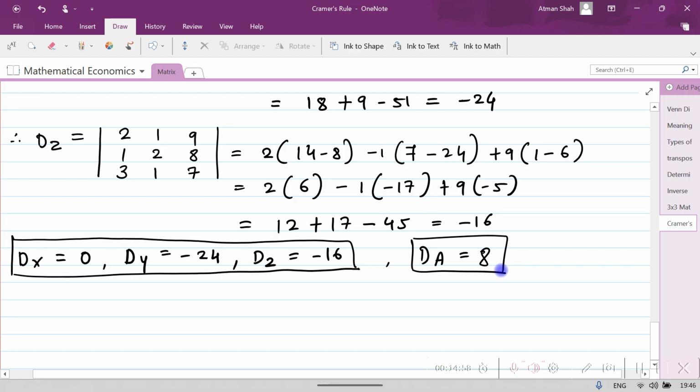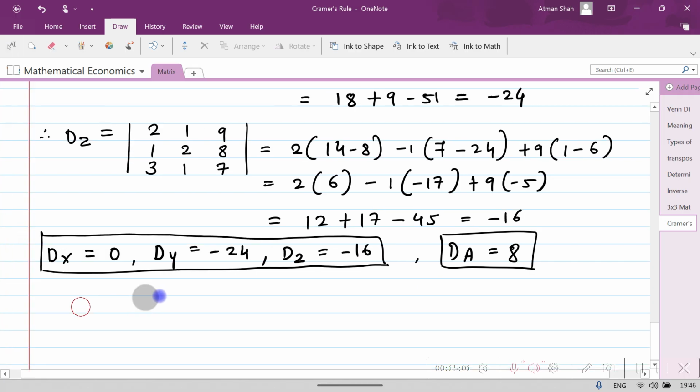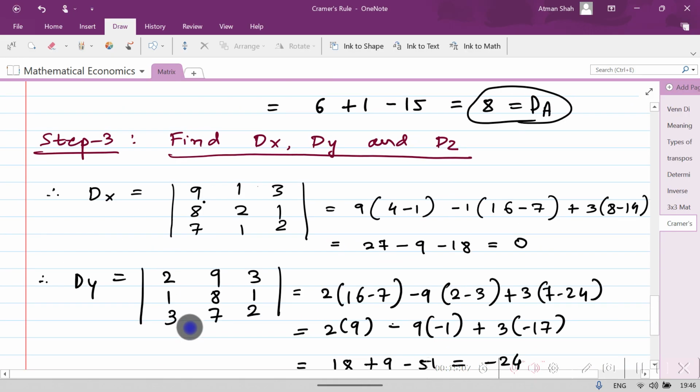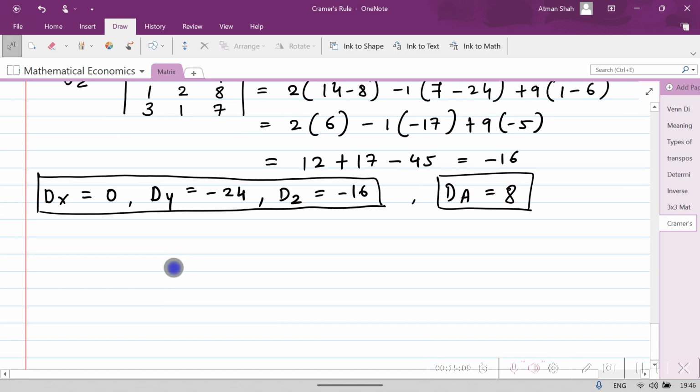Now let's find x, y and z. So step number 4. This is step 3. So now we have step 4. Find x, y and z.